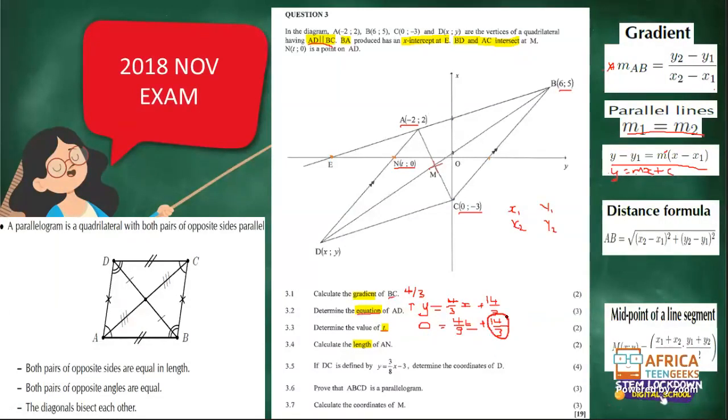So if 14/3 crosses over an equal sign, then the sign changes from positive to negative.